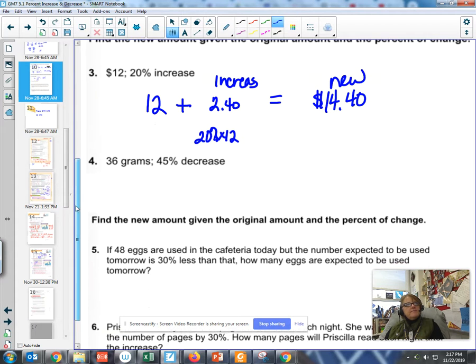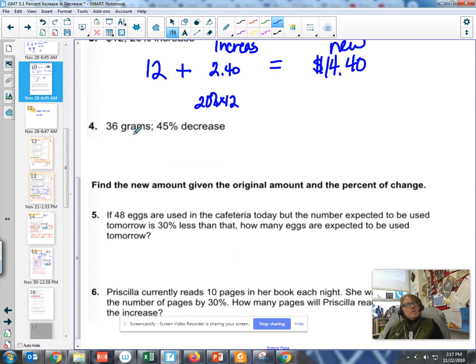Number 4, I start with this original 36 grams. I am going to have a 45% decrease. So I'm going to subtract some amount of the decrease to get my new amount. I'm going to have to take 45% times 36.